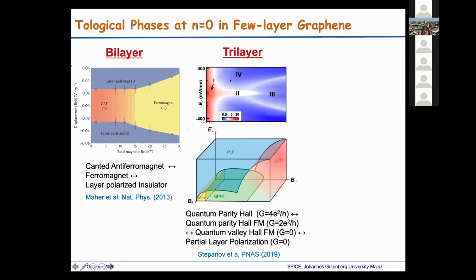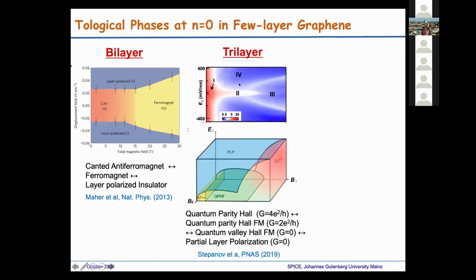We have identified that phases 1 and 2 are what we call the quantum parity Hall ferromagnet, with parity denoting whether the monolayer and the bilayer bands of the trilayer graphene device have even and odd parity with respect to the mirror reflection symmetry.